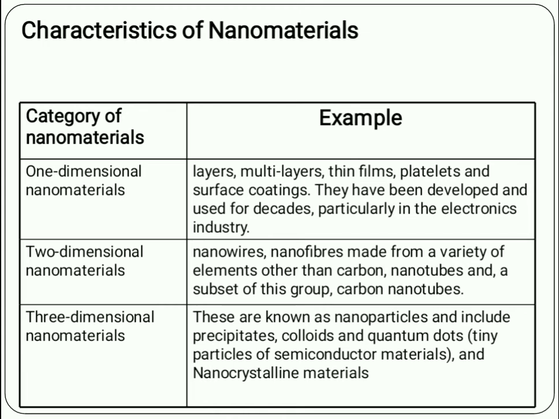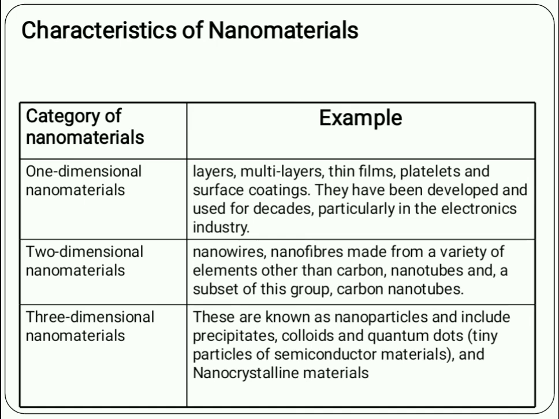Why is it used? Because they give various unique properties, so they can be used in various types of industries. They can be used in mechanical industries, electronic industries, electrical industries, and biological industries. That means they can be used in pharmaceutical industries. So these are the applications.